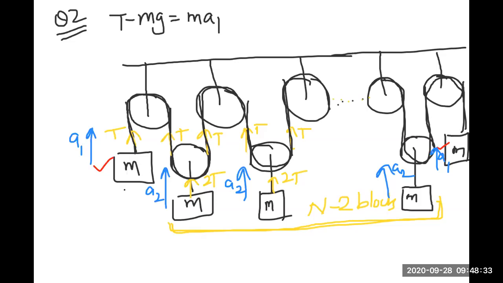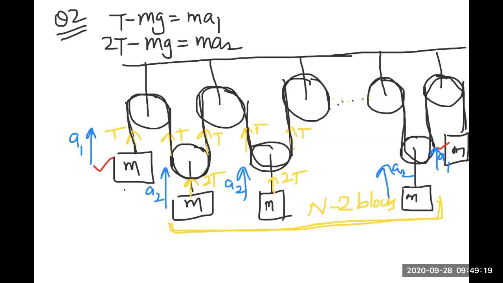T minus mg is equal to ma1, and for the blocks below, it will be 2T minus mg is equal to ma2. Right now, please see carefully the constraint equation. The constraint equation must contain n terms. No, wait, minus g cannot be. Minus g means the value of tension is 0. If the acceleration of a block comes as g or more than g, then the answer is wrong.